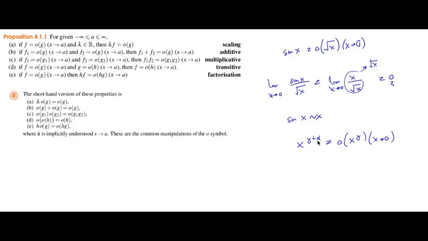So in this case, we have gamma equals 1/2 and alpha equals 1/2, and this translates into x being small o of the square root of x when x goes to 0, right?